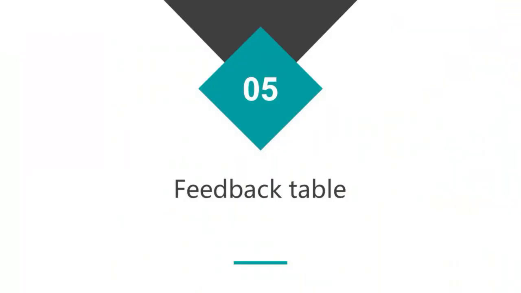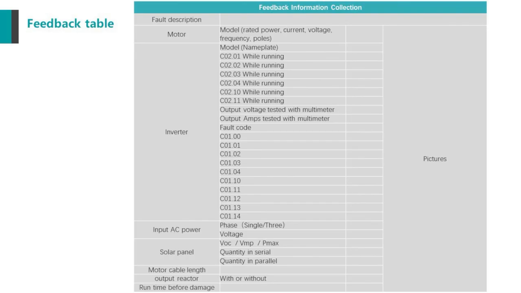In the final part, I provide a feedback table. We could see that I list the fault description, the motor specifications, the inverter specifications, and some parameters like the C02 parameters for the solar specifications, C01 parameters for the fault informations, and also the input AC power, no matter it is power grid or generator, the informations, and the solar panel specifications for the VOC, VMP, power and quantity, and each string, the panel pieces, and the motor cable length, whether you use the output reactor or not, and even the running time before damage.